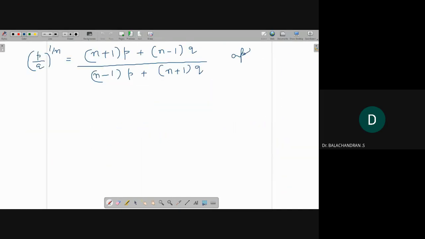This is approximate. Okay, so we got this expression.